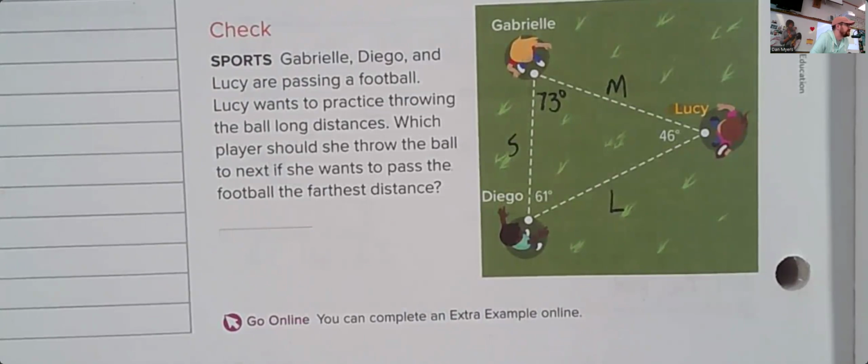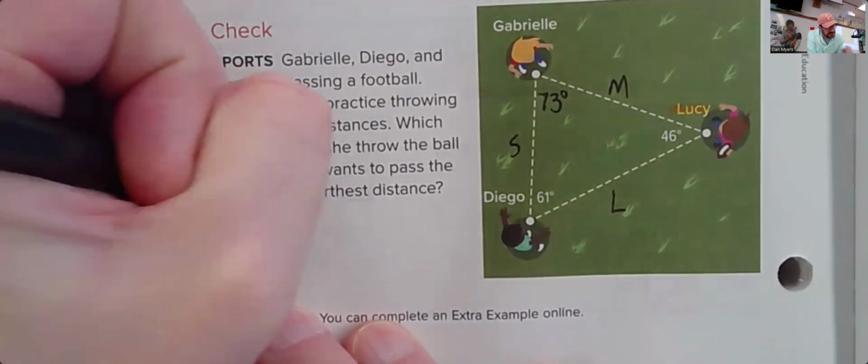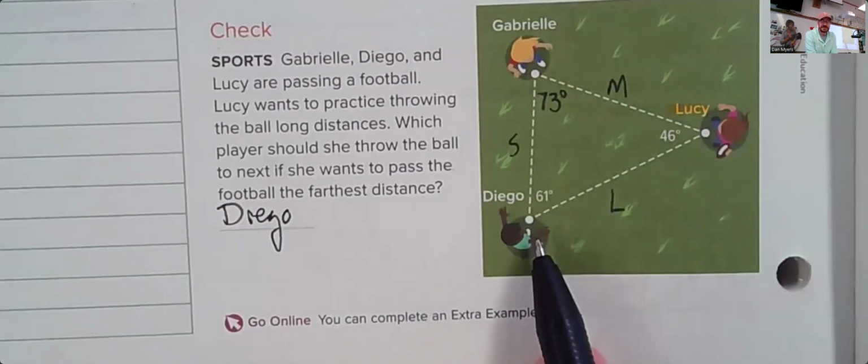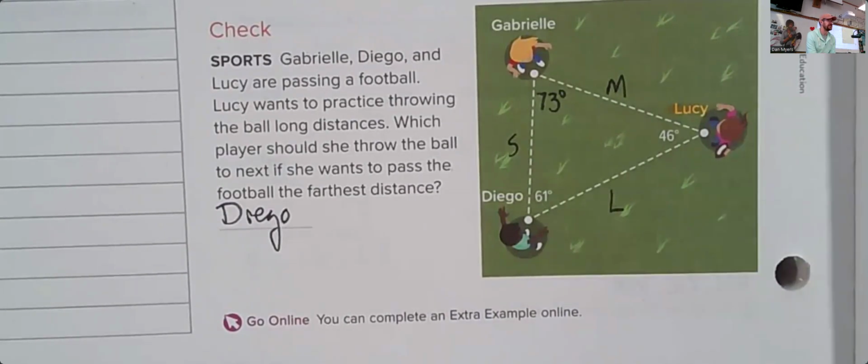Who should she pass it to? Diego. Nice. Because the distance between Lucy and Diego is the longest side. So if Lucy is passing it and she wants to practice throwing farther, she would throw it to Diego.